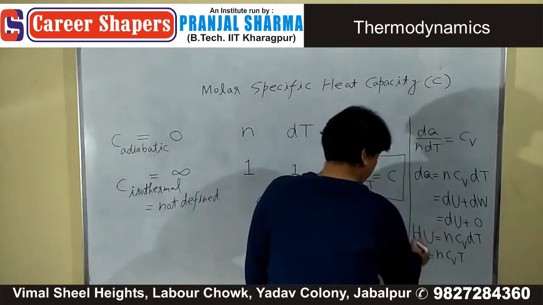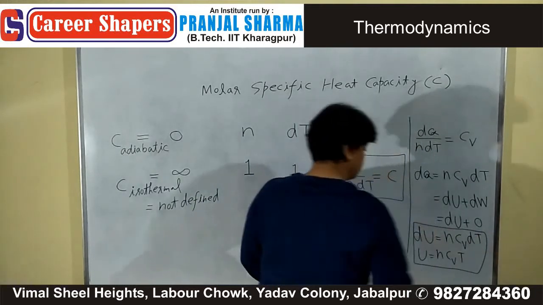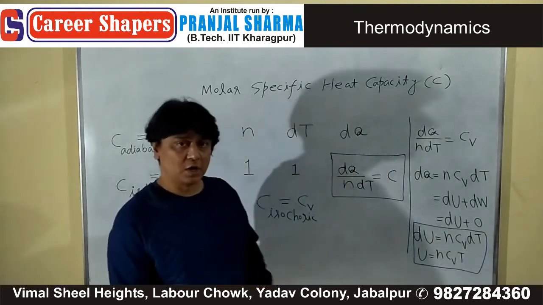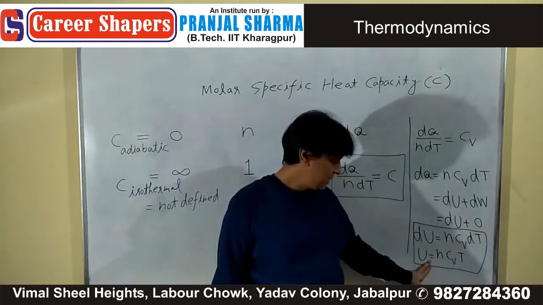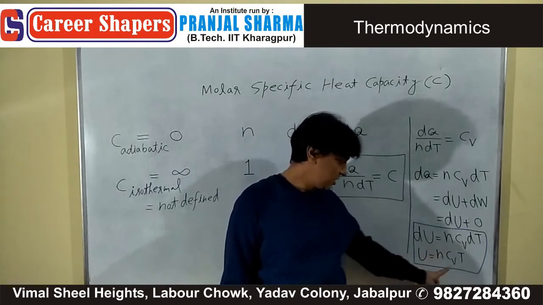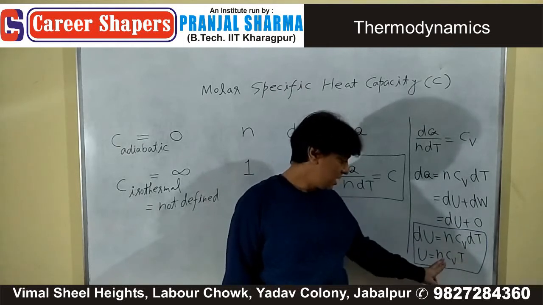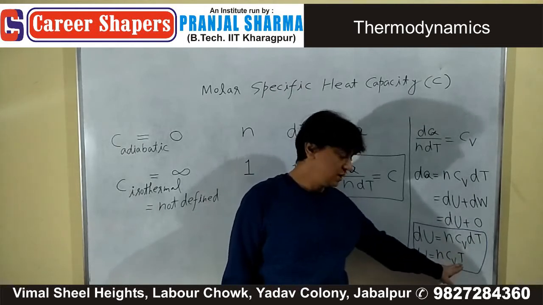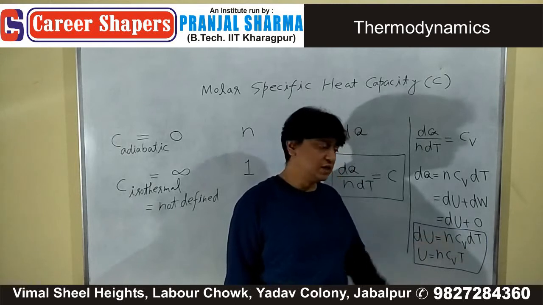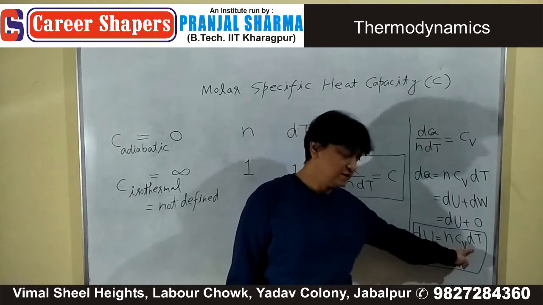I had told you that internal energy of the system depends upon what? Temperature, and that formulation is present here. Internal energy is a function of what? Temperature, and is given by nCvT. Change in internal energy is dU, which is nCv dT.